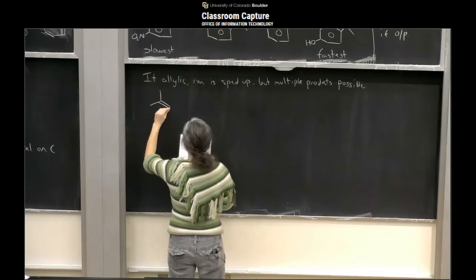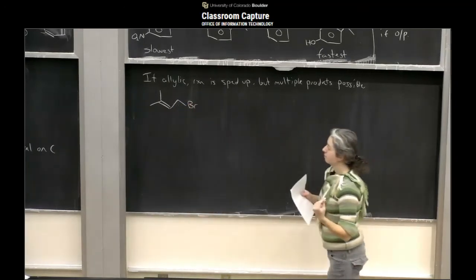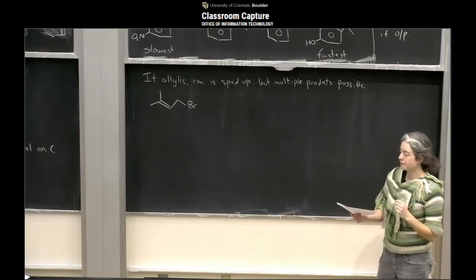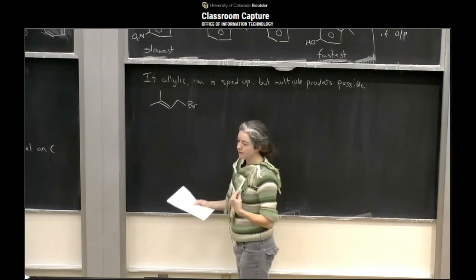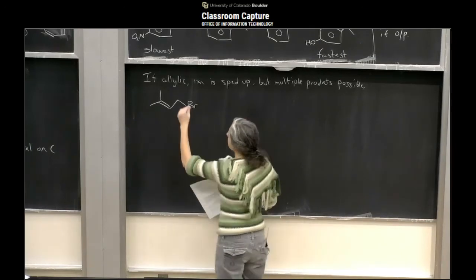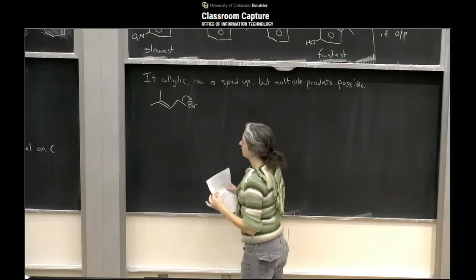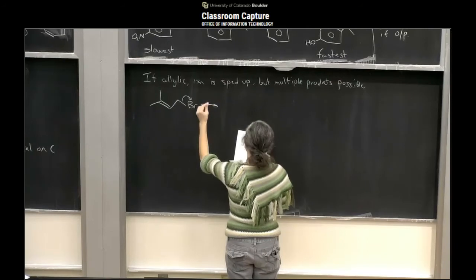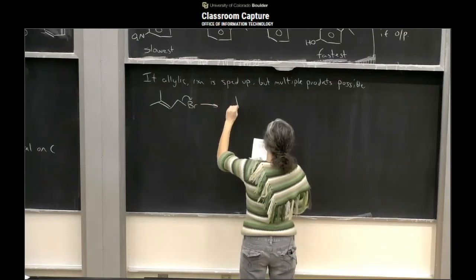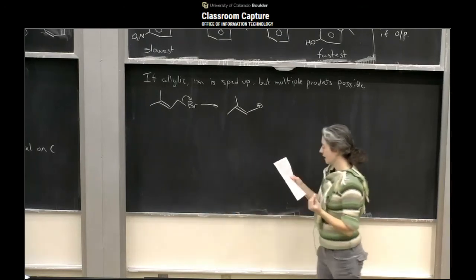So this isn't exactly the same as 1,2 versus 1,4 addition, but it's got some similarities. So instead of having a conjugated diene where we start this reaction, we could have maybe an allylic halide, an allylic bromide here, and get a carbocation at the allylic position that way.